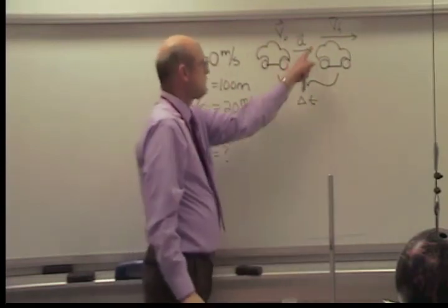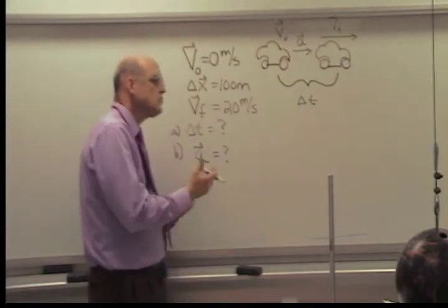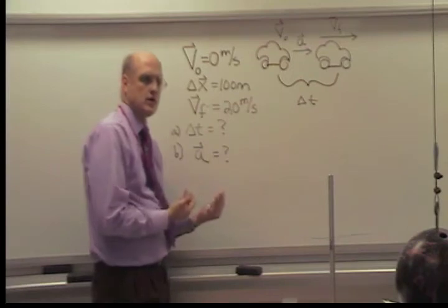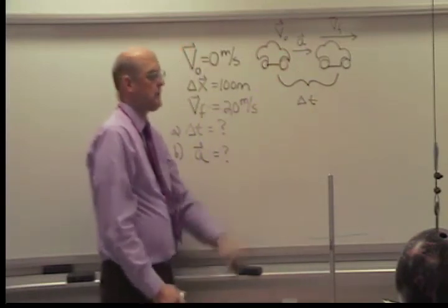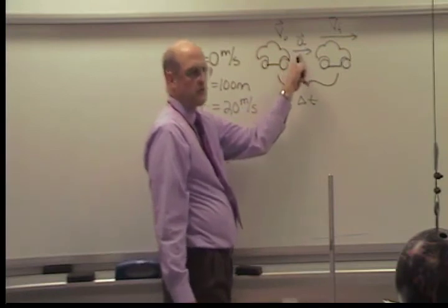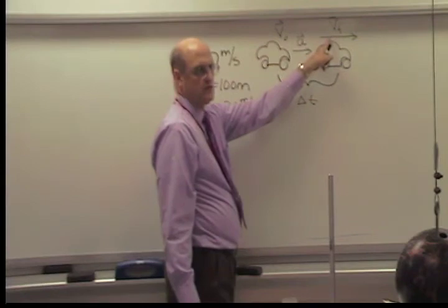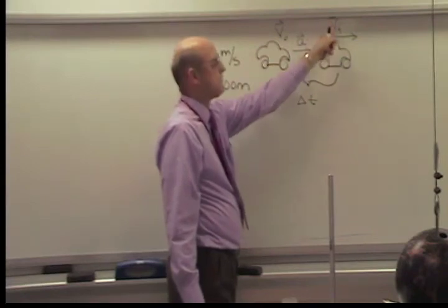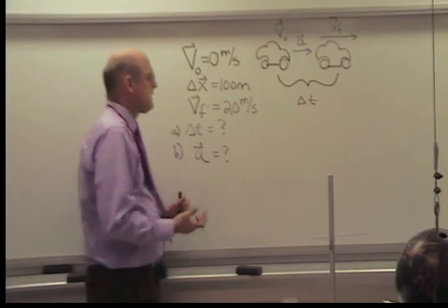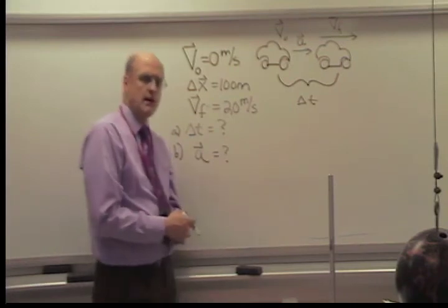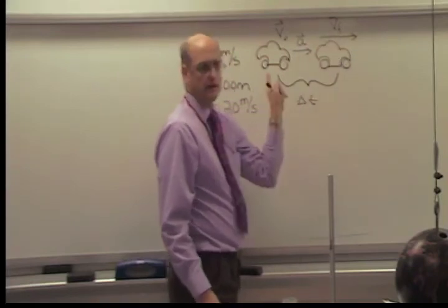Now this arrow and this arrow represent two different vectors, so they do not have to be proportional to each other. The length of this arrow is supposed to be proportional to the value of A, and the length of this arrow is supposed to be proportional to the value of v_f. So I think you can see that it's really arbitrary because we really don't have anything to compare to. I could actually have made this any length and this any length.